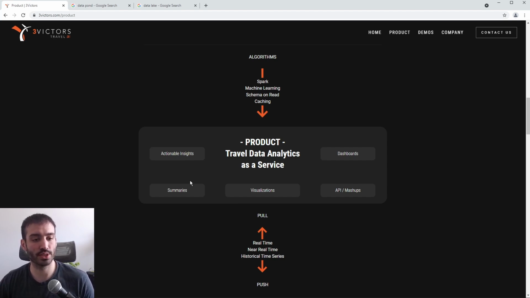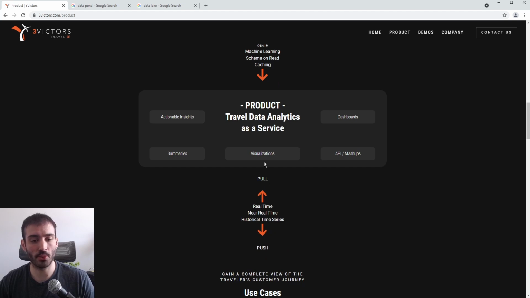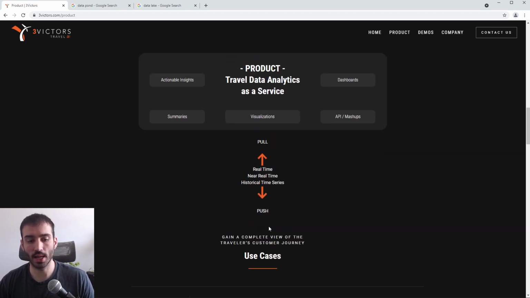So they have actionable insights, summaries, visualizations, APIs to access it, and dashboards of this information as well. And then from there, they have a pull model where I suppose they expose an API that clients can pull information from. And then they also have a model where they push this data out. I'm not sure what kind of data they're pushing out. They have it here, but I would be interested in learning more about exactly what they are pushing. So that's a little bit about this company.